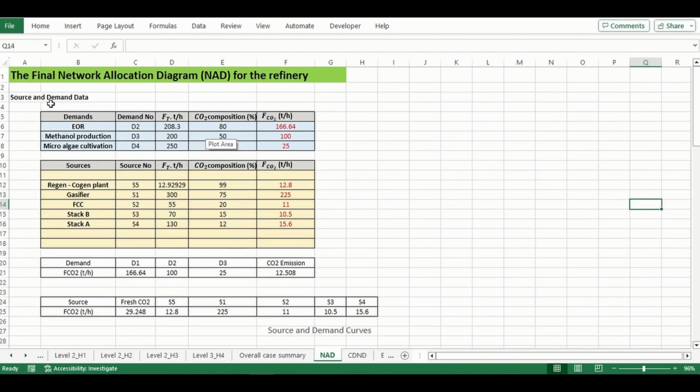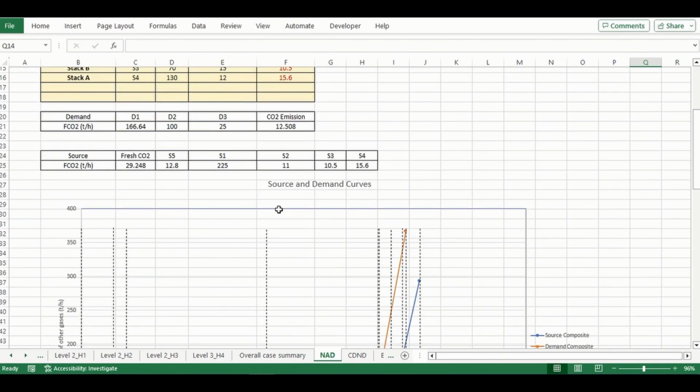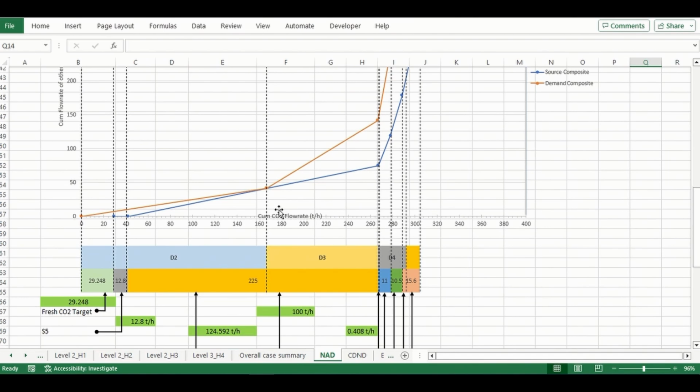Now, we'll look into the final network allocation diagram, NAD, for the refinery, and also the carbon distribution network design. Basically, from level 3 H4, we have copy-pasted the source and demand data of the streams, and then we have created the stack bar chart for the sources and the demand streams so that we can visualize how much each source stream contributes to the demand streams to perform the exchange.